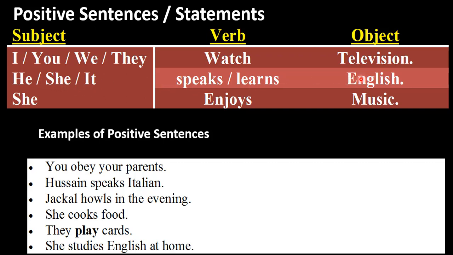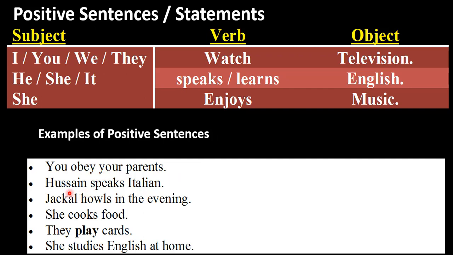And if the subject is he, she, or it, for example, she speaks or learns English, definitely we will add s or es to the first form of the verb with he, she, it, or a proper noun. Look at this sentence: she enjoys music.